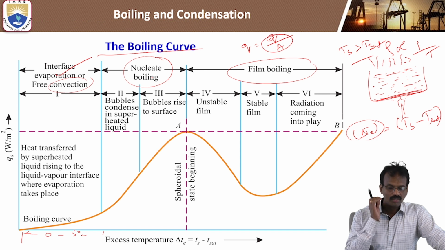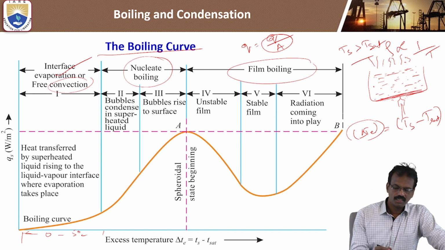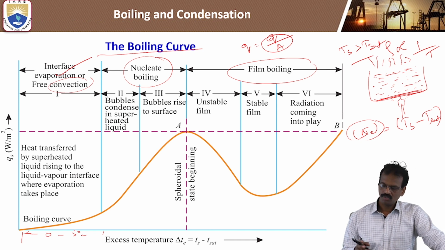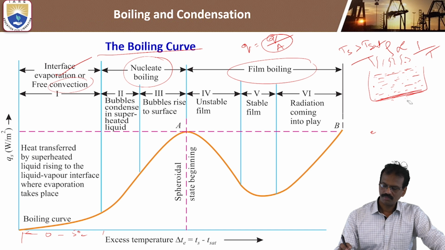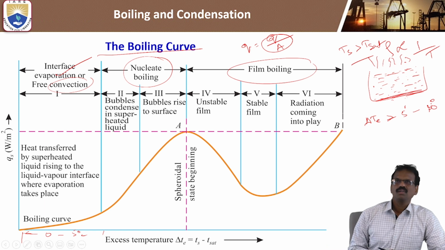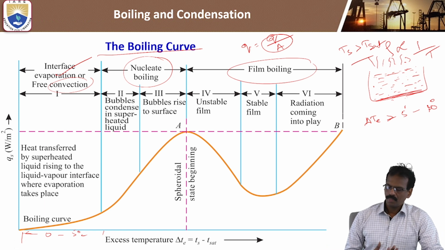In nucleate boiling, we'll see two phases. First, phase one, is bubble formation. You can find bubble formation when the excess temperature delta T is greater than 5, with the range of delta T from 5 to nearly 10 degrees Celsius.